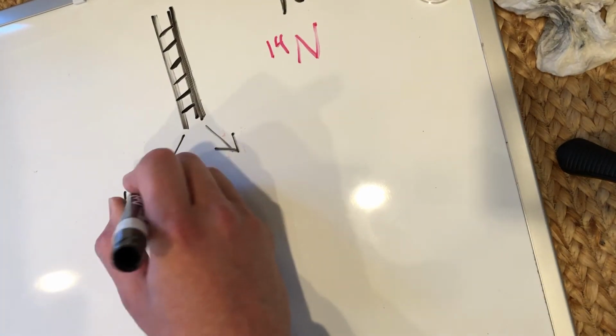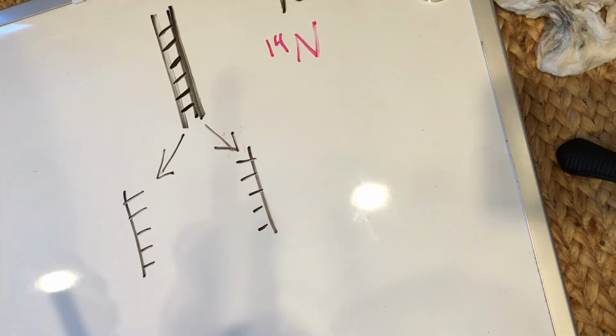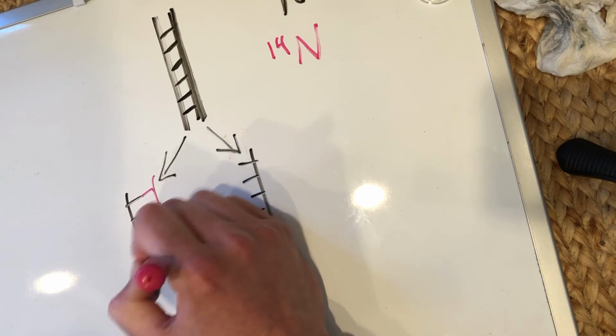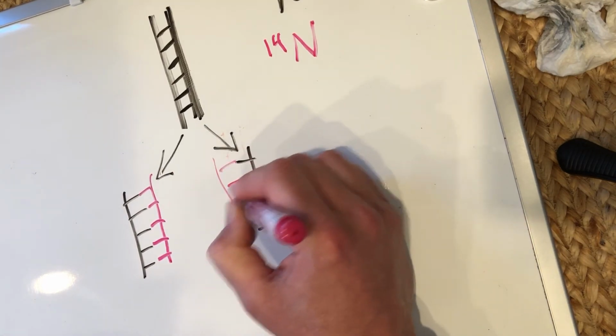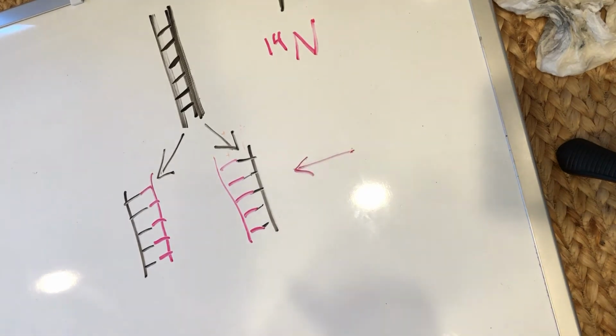So we're going to replicate the DNA. We're going to separate the double helix, and when the new strands fill in, they will be with the lighter element like this. So you want to ask yourself here at generation 2, what percentage of the DNA molecules have the lighter element?